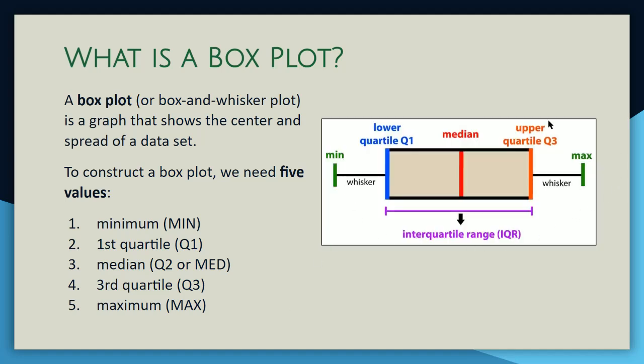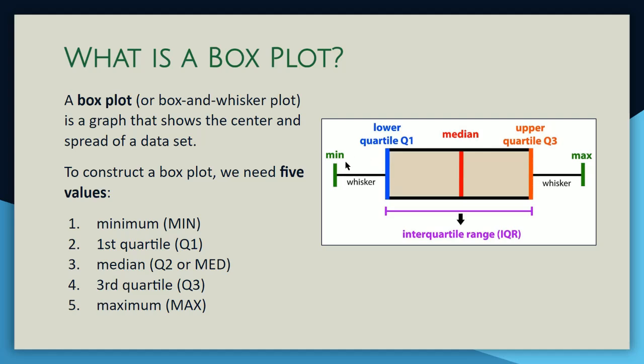Here's an example of a box plot, and you can see those 5 numbers from the 5-number summary: the min, first quartile, median, third quartile, max. You can see why it's called a box or a box and whisker plot. The box represents that interquartile range, the distance from Q1 to Q3.